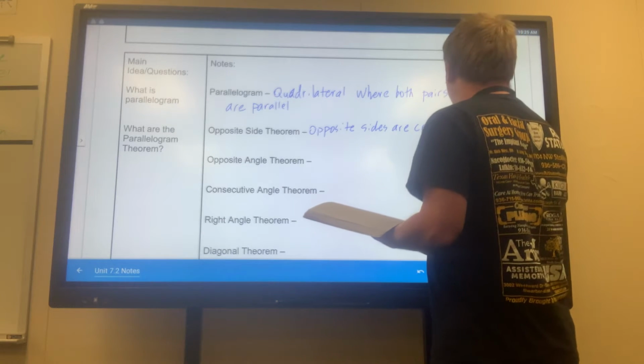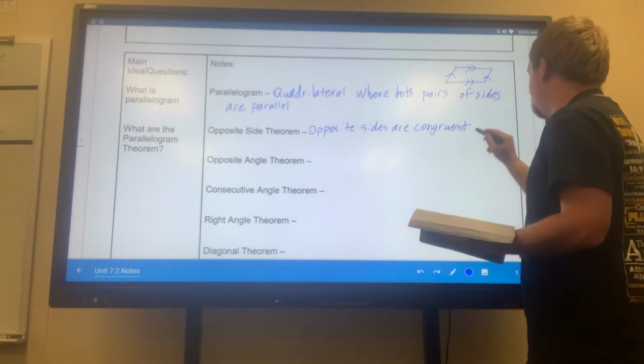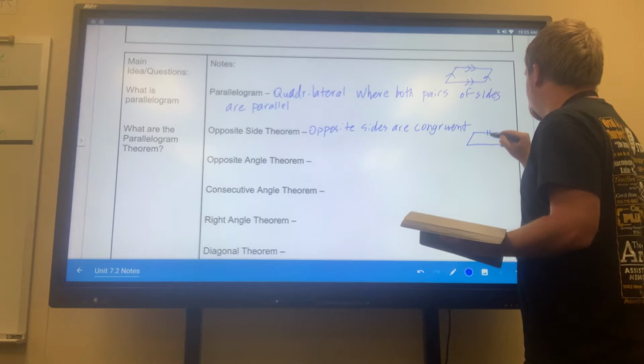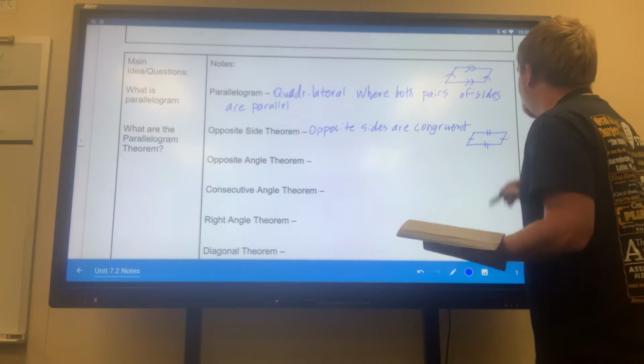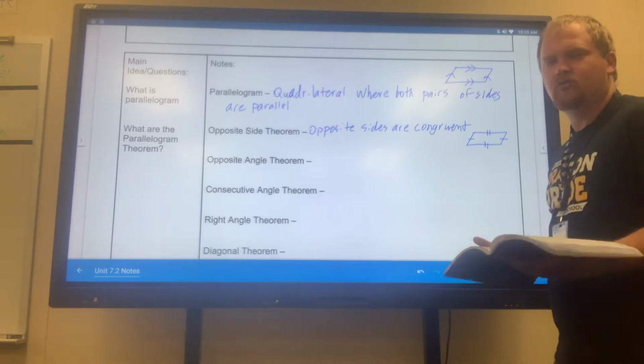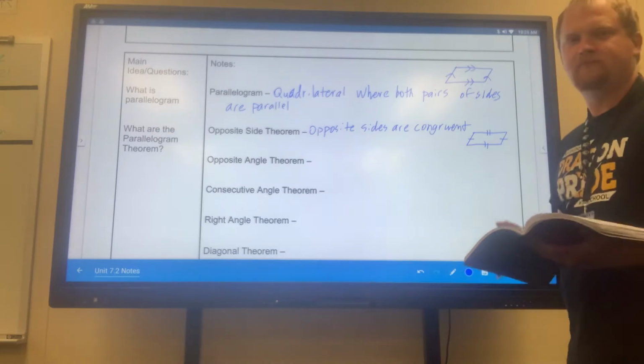So anytime we have a parallelogram right here, let me draw a better one. There we go. So no matter what, the opposite sides for a parallelogram are going to be congruent to each other. That's the important thing to remember.